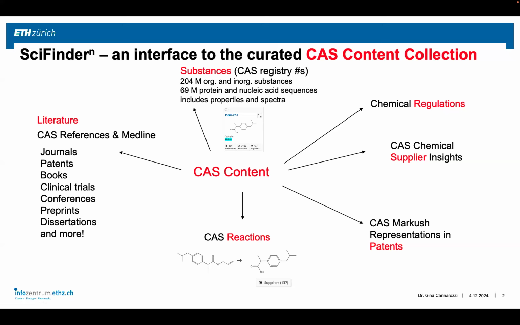The nice thing about the CAS content collection is that you can move easily from one type of information to another, and that's all integrated into SciFinder, which is the interface.